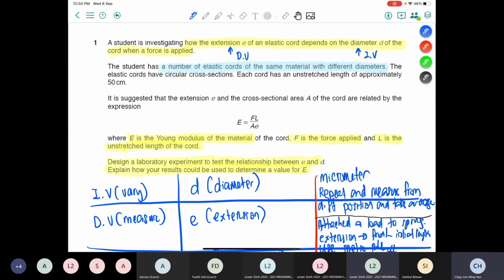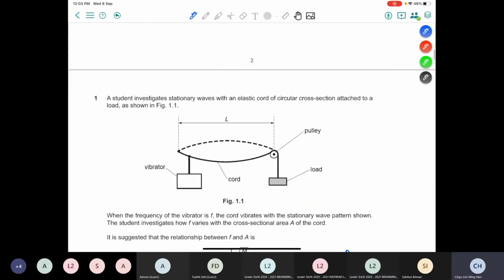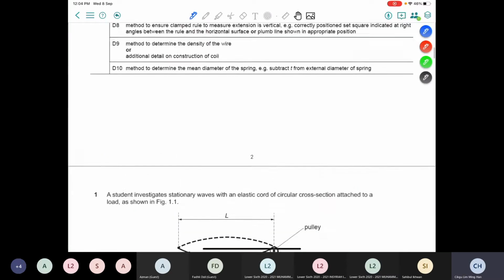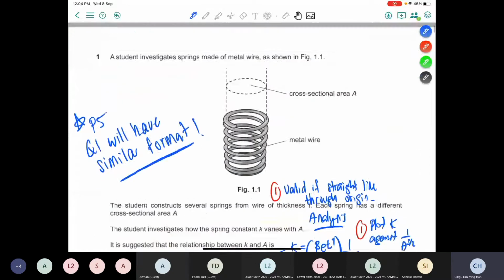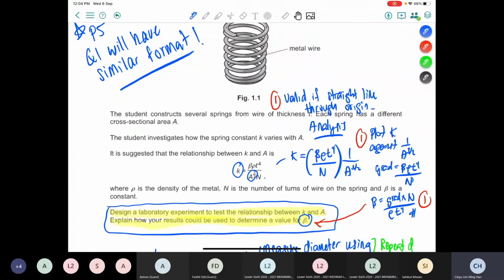So let me check the other question. Let us check here. We check the first one from earlier. Is there a statement given? There, this one: how spring constant varies with A. So the first thing must be dependent, then this one must be the independent variable.